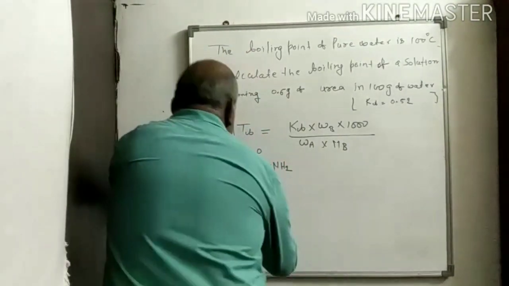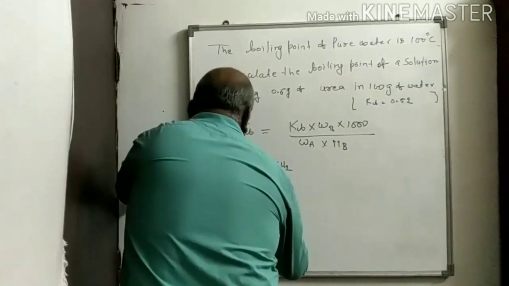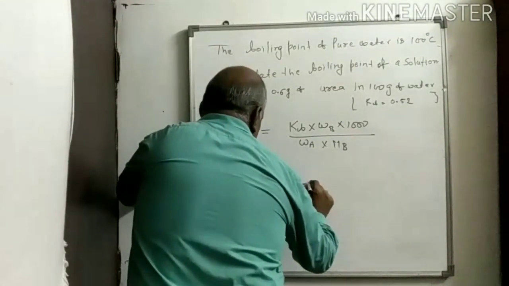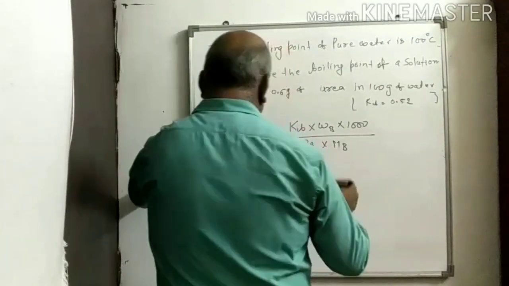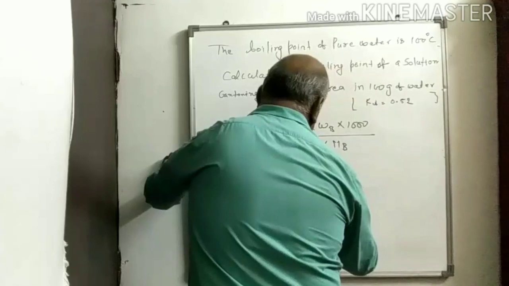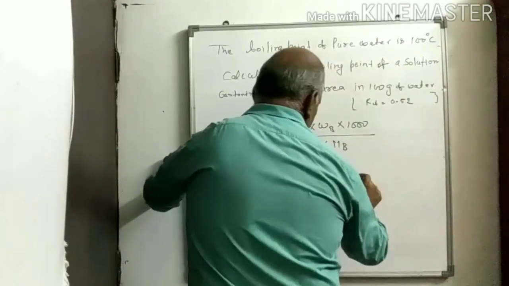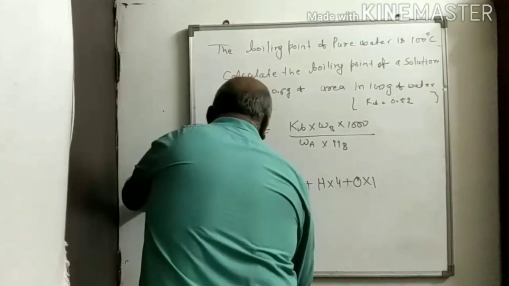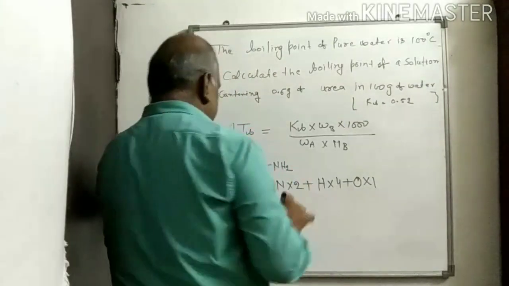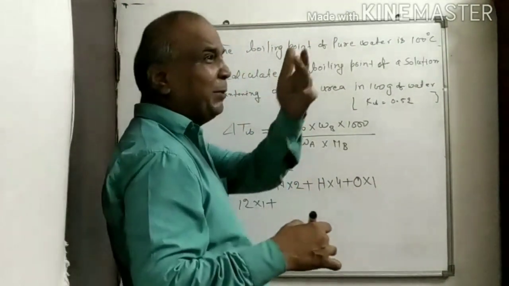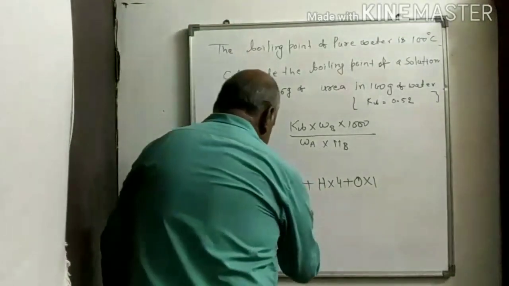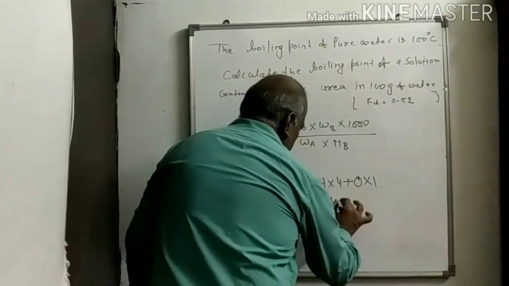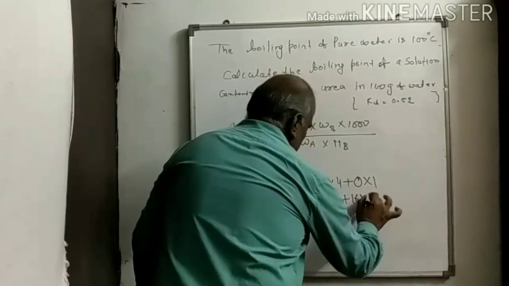Carbon 1, so C into 1 plus N into 2 plus H into 4 plus O into 1. 12 into 1 plus nitrogen, the atomic mass of nitrogen is 14, so 14 into 2 plus 1 into 4 plus 16 into 1.